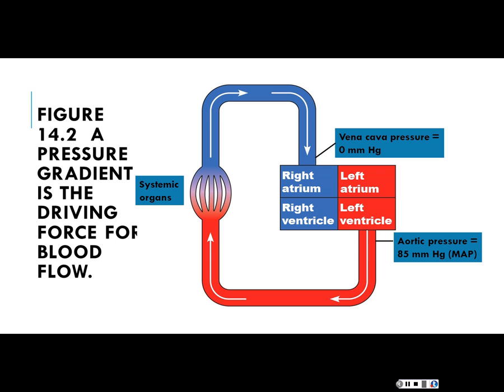So it's a huge pressure gradient, pushing blood from the left ventricle and returning it over to the right atrium. The pressure gradient of about 85, the mean arterial pressure, keeps blood flowing. It continues to decline throughout the system.